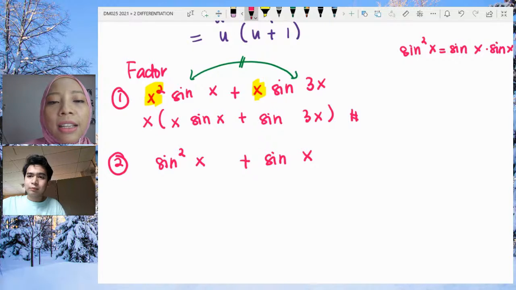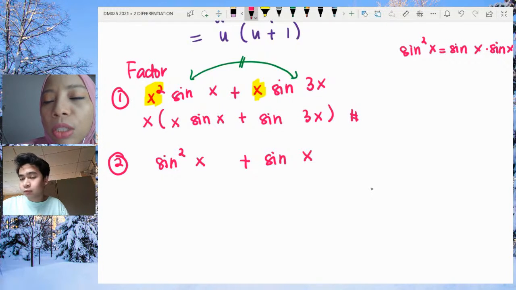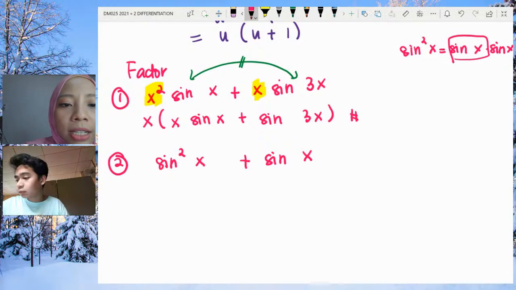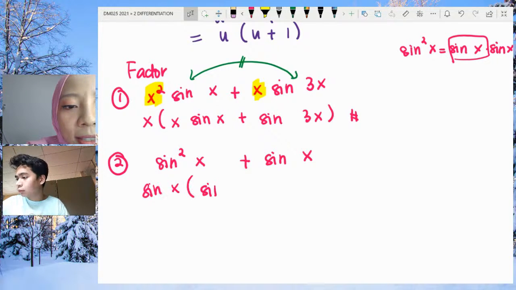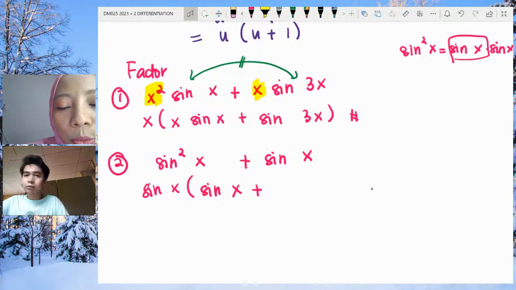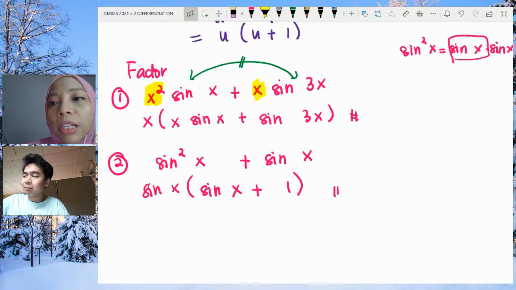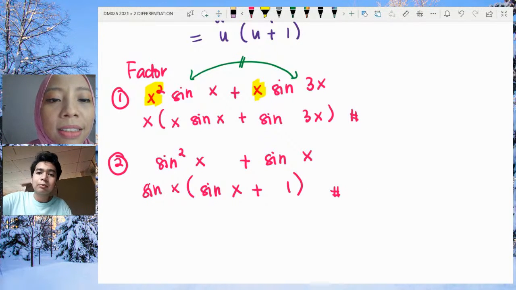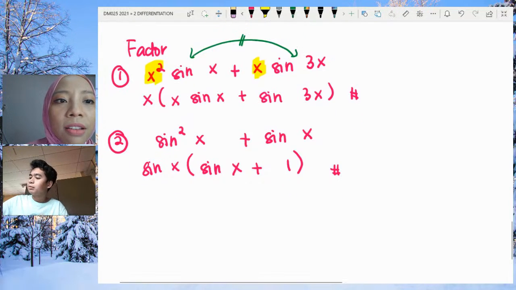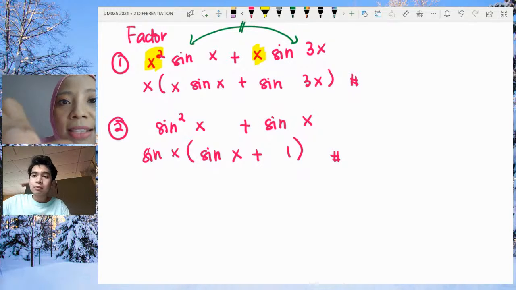So, bila dua, kita take satu, we taken out one. So, remaining left is sin x plus 1. Okay? Clear tak sayang? Okay, ini boleh factor.